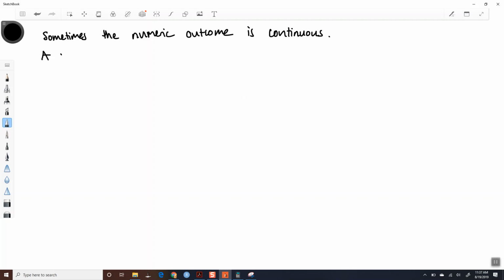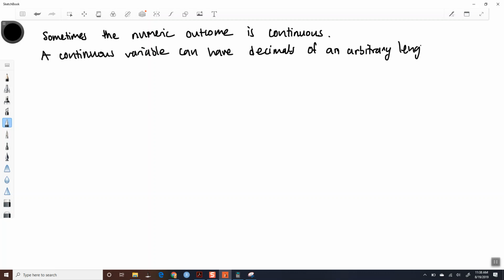So a continuous variable can have decimals of an arbitrary length, and it is not possible to list all the values.